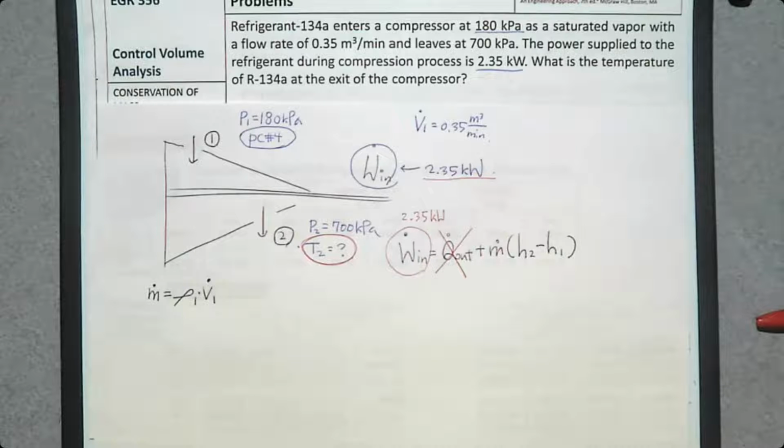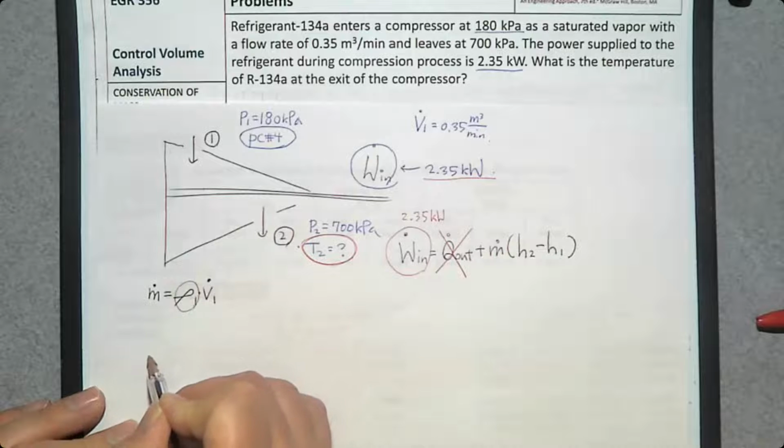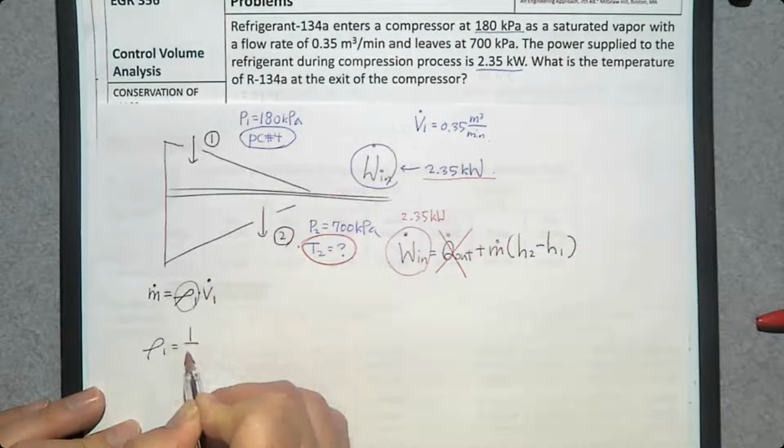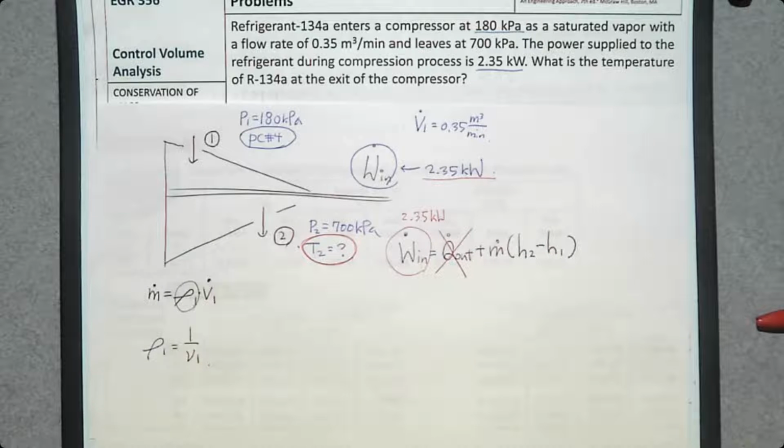We know it is a saturated vapor. By the way, this is density. In thermodynamics, we use specific volume, right? Then how do we determine specific volume? By the way, density is the inverse of specific volume.